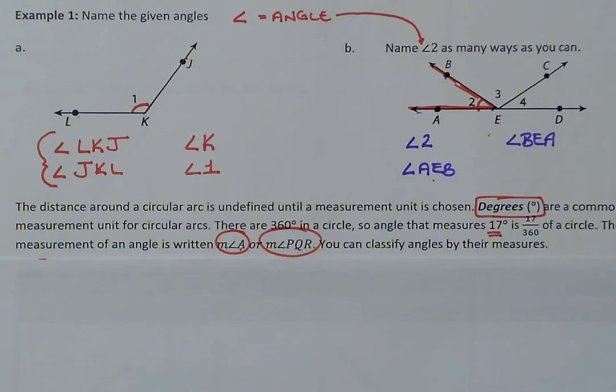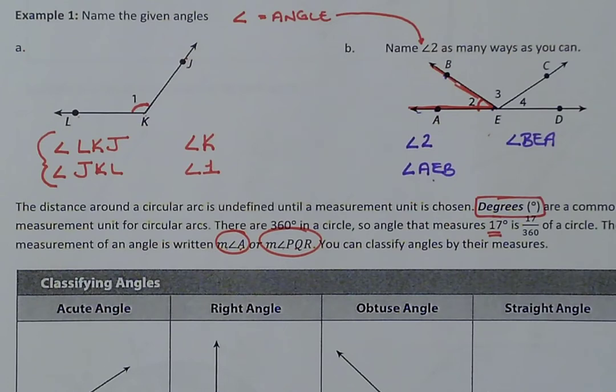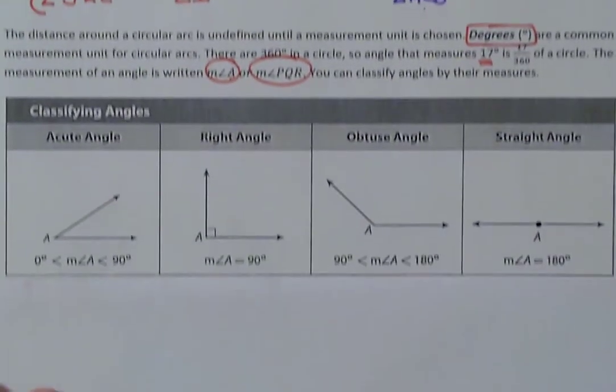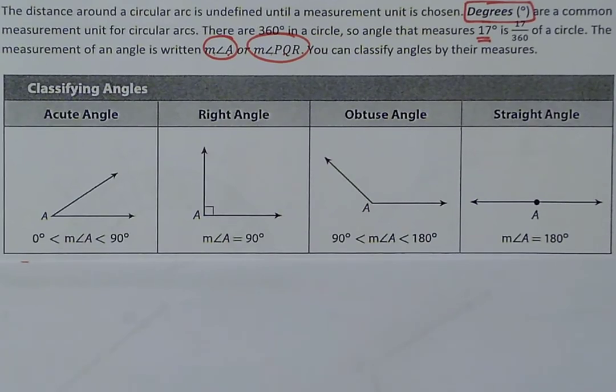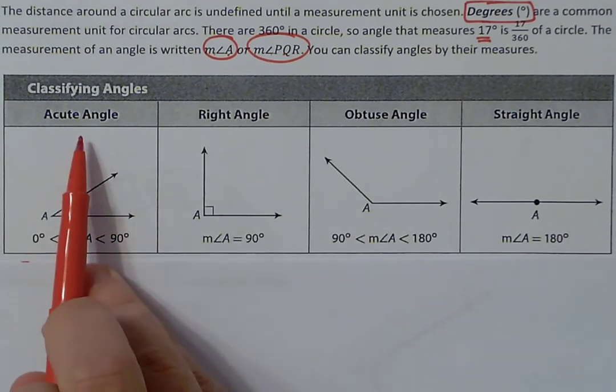All right, so now that we've talked about the way we represent the size of angles, let's talk about how we classify angles based off their measure. Now, these 4 different classifications may be familiar to you from past math classes, but we're just going to review over them right now. The first one is going to be an acute angle.